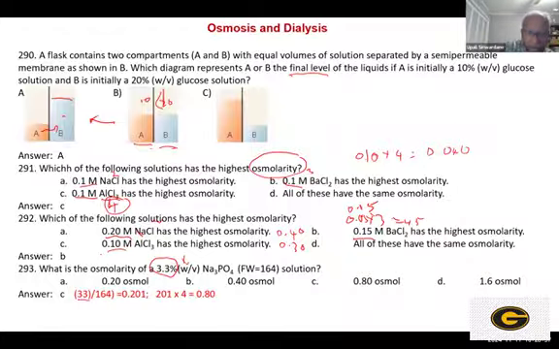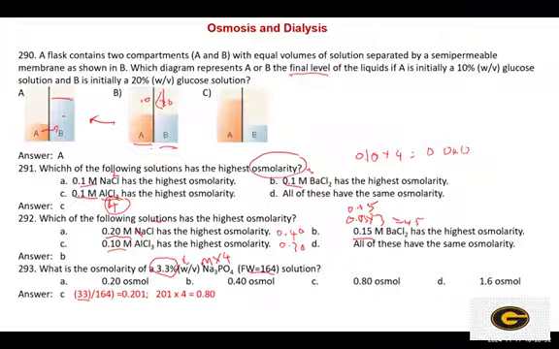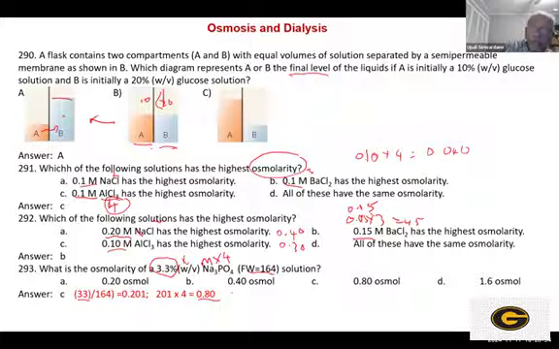Formula weight is 164. Therefore, when you multiply it by 4, osmolarity is molarity multiplied by 4, you get 0.80, which is the answer C.